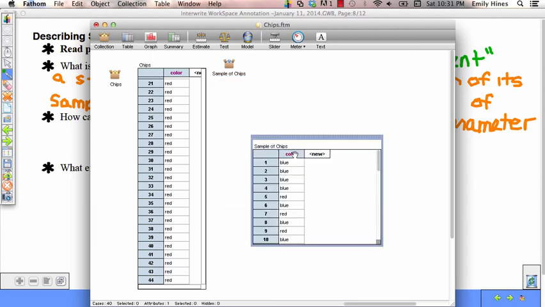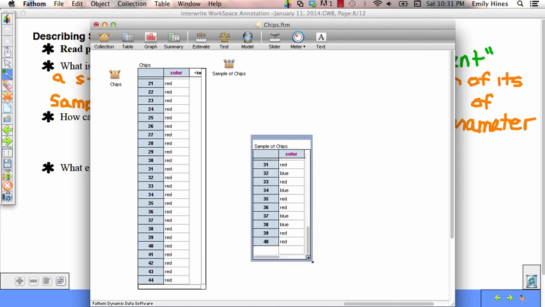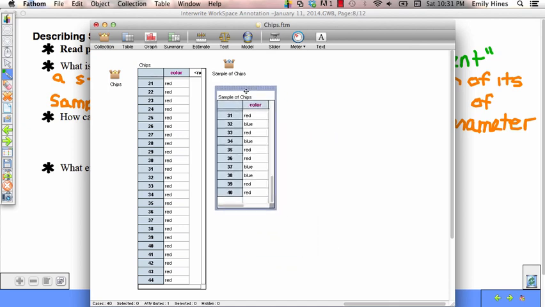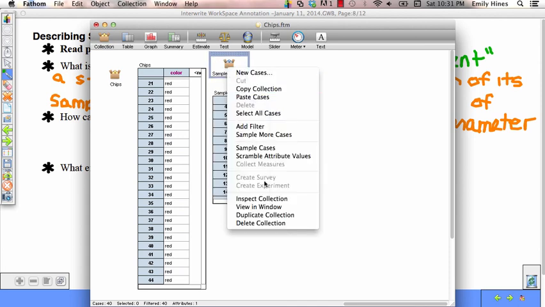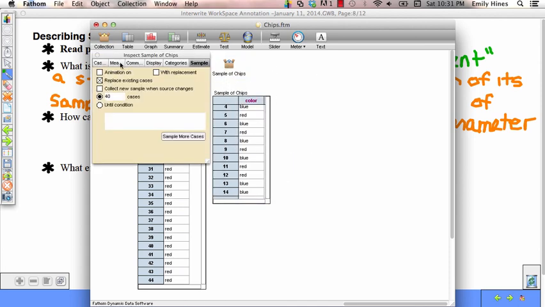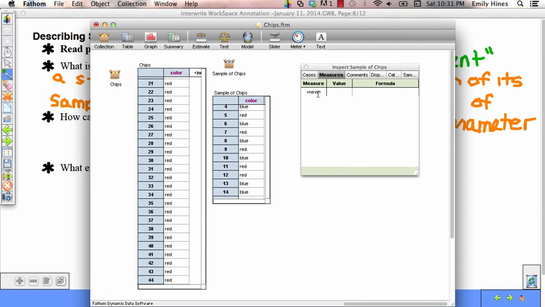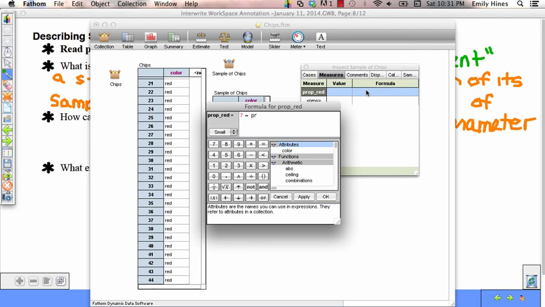Okay, so you can see my sample now is of 40 instead of 20. Let's go in here and make a measure. Let's call it the proportion of red. And it is equal to the proportion whose color is equal to red.